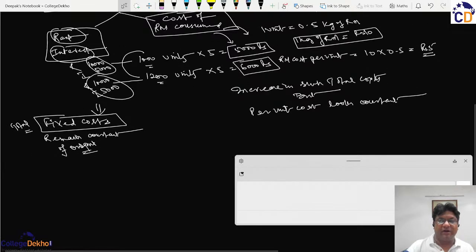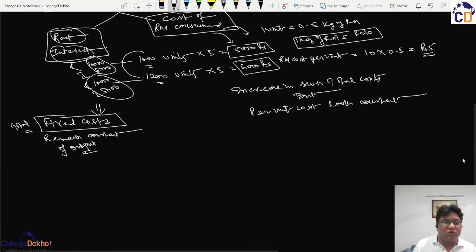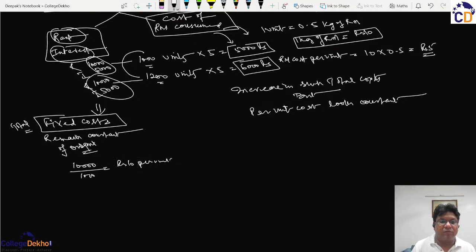But if we calculate the per unit figure here, this rent figure of 10,000 in case of 1000 units was rupees 10 per unit, but the rent will remain the same 10,000 even after a production of 1200 units. So here the figure will come out to be approximately 8.33 per unit.